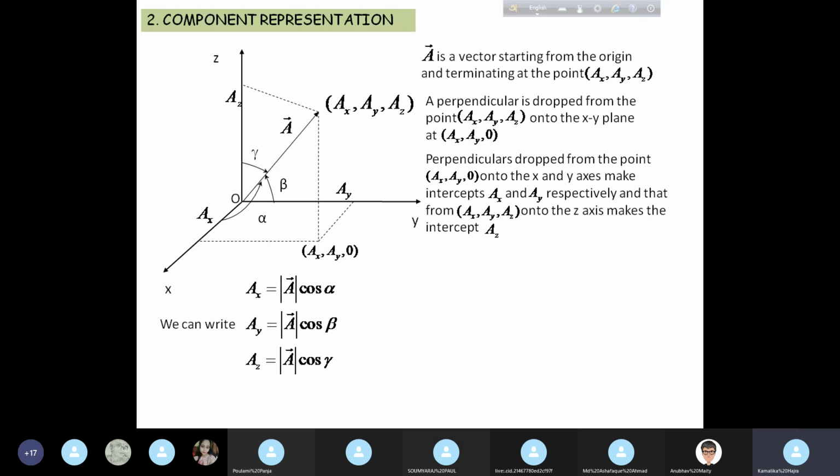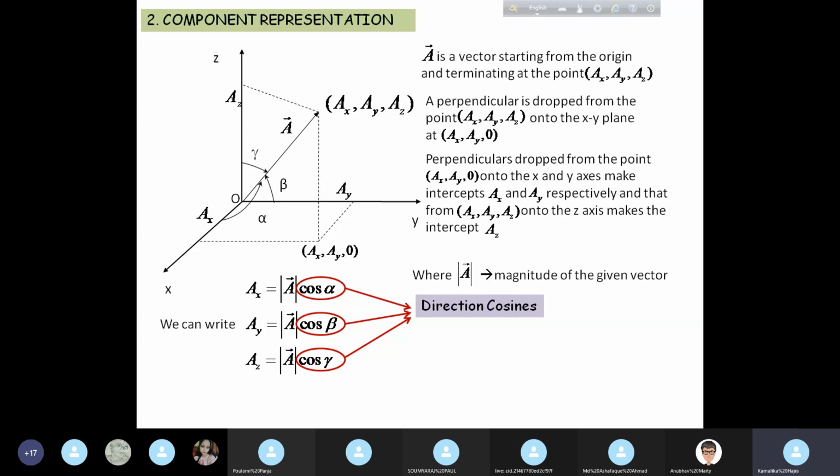Then we can write ax equal to mod A cos alpha, ay equal to mod A cos beta, and az equal to mod A cos gamma, where by mod A I mean the magnitude of the given vector. And these three quantities, cosines of alpha, beta, and gamma, are called the direction cosines. All right. You can show that cos square alpha plus cos square beta plus cos square gamma is equal to 1.